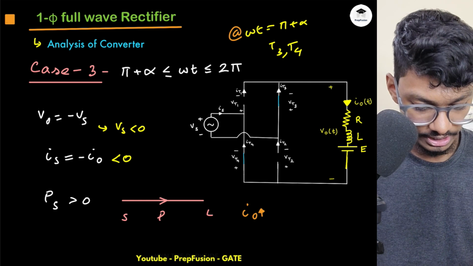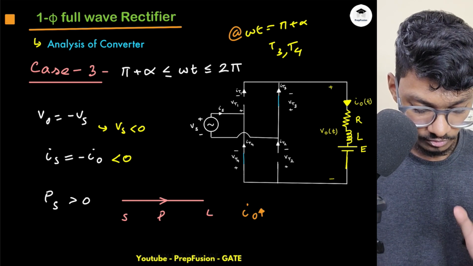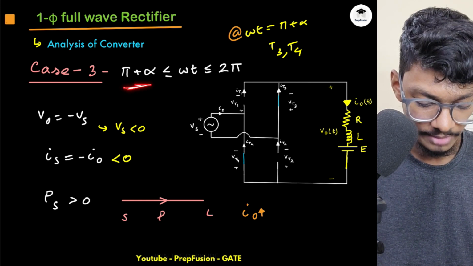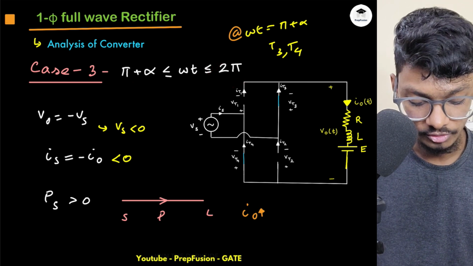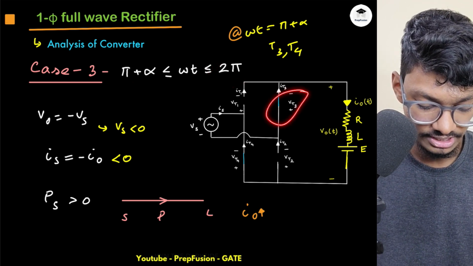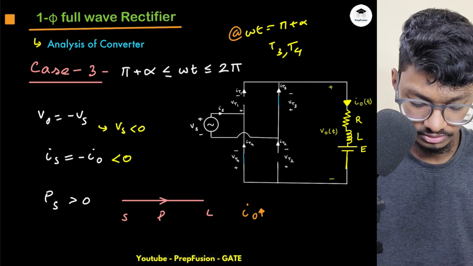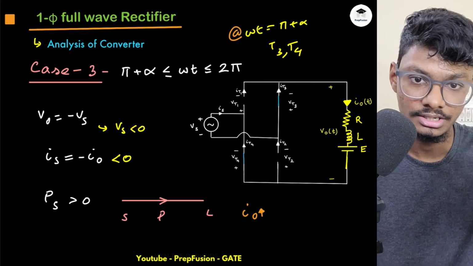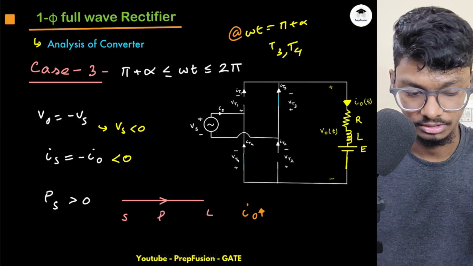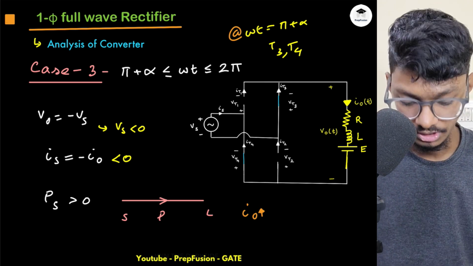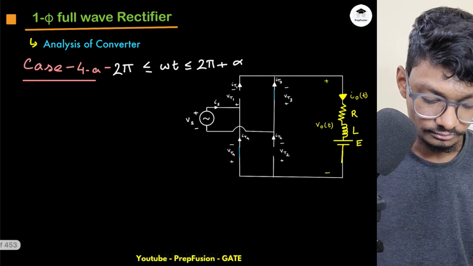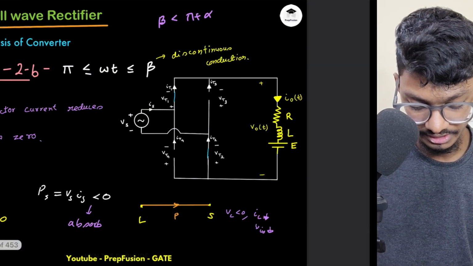Inductor current will increase up until 2 pi, because after 2 pi again what will happen? T3 and T4 will try to go to natural commutation. The polarity of the supply voltage will change, and the source will now absorb the power. So the same condition here as whatever I have written in this case.